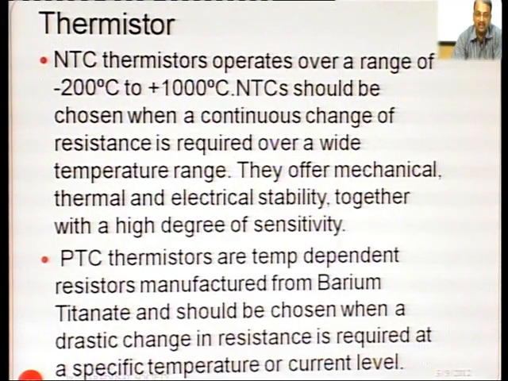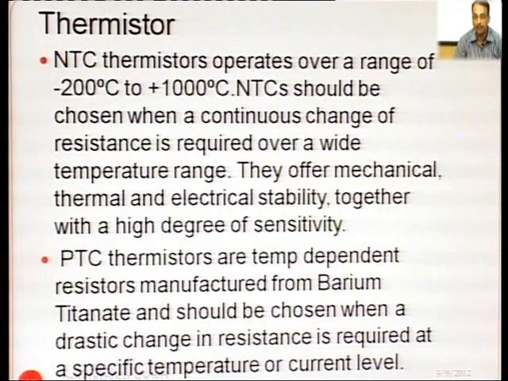So when a continuous change of resistance is required, we use NTC type of thermistors. These offer mechanical, thermal and electrical stability together with a high degree of sensitivity. The major advantage of these types of thermistors is their high degree of sensitivity.